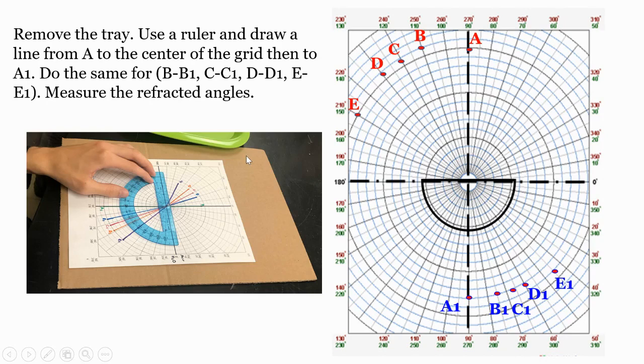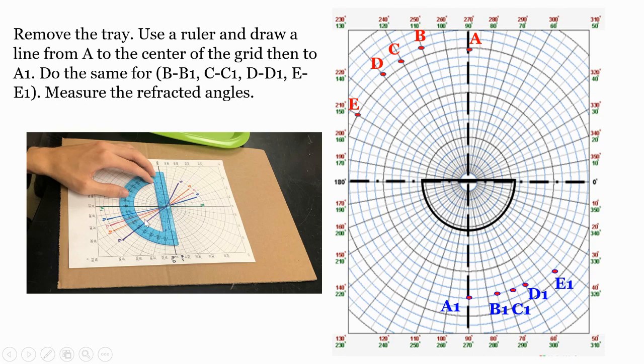So then you are going to remove the tray, and you are going to use your ruler, and you're going to draw a line that is going to connect A1. A1 is easy, but with B, with B1, you are not going to draw a line that connects both directly. You need to draw a line that connects to the center first, and then to B1, just like shown in this picture.